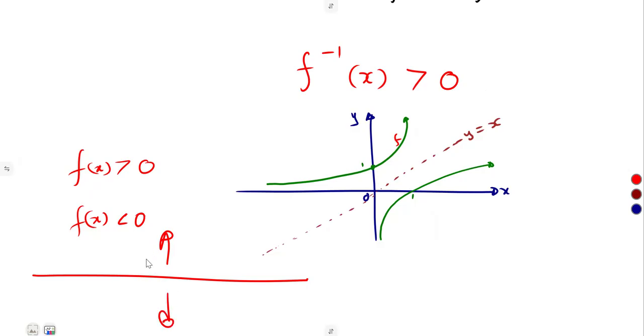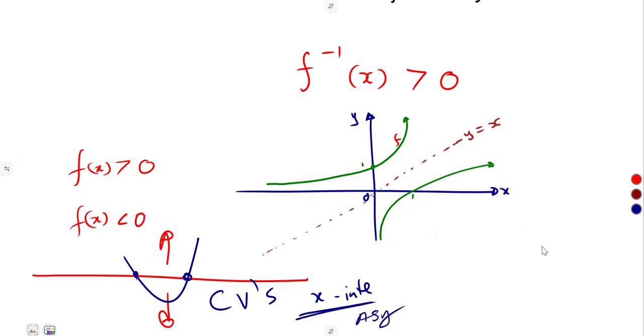If we have this condition, the critical values will be the x-intercepts, or the asymptotes when they are applicable. You consider the asymptote for x also, to be judged according to the diagram. But the critical values will be the x-intercepts, remember.